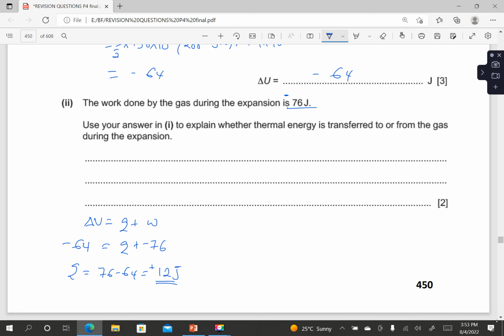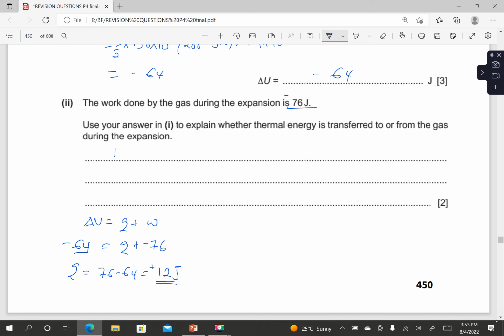So for the decrease in internal energy, we notice that the decrease in internal energy is less than the work done. That means thermal energy must be transferred to the system, because the decrease in internal energy is less than the work done. Therefore, thermal energy must be transferred to the system. Or you could elaborate this with a simple calculation here.